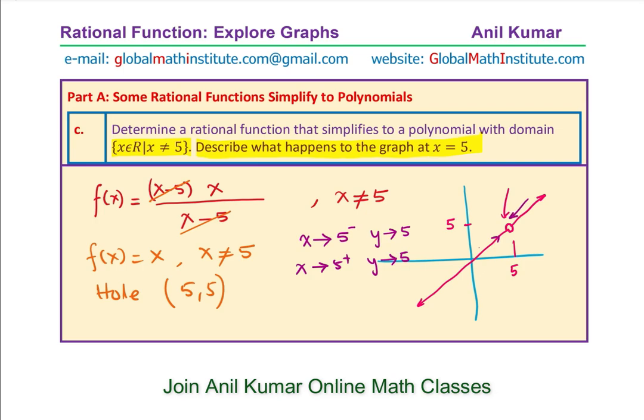But it is this point which is not in the domain of the function, which satisfies the given condition that x belongs to real numbers and x is not equal to 5. Makes sense, right? So what we see is that from both sides we approach the same value. So on both sides of the hole we approach the same value.